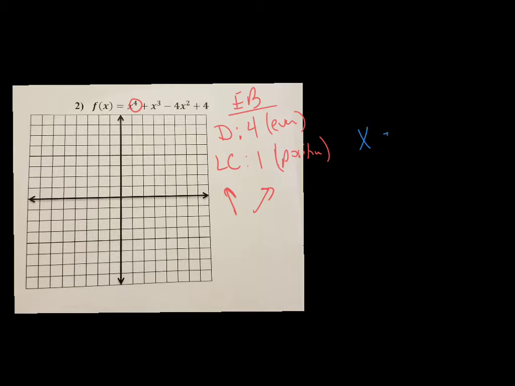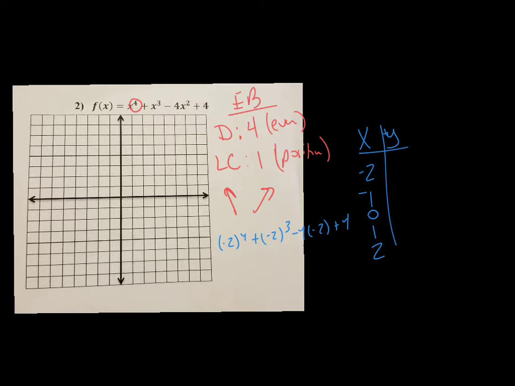Now I'm going to make an XY chart. Put -2, -1, 0, 1, and 2. I'm going to plug them in. I'm going to put -2 to the 4th plus -2 cubed minus 4 times -2 plus 4.